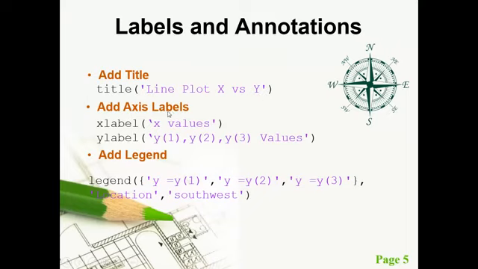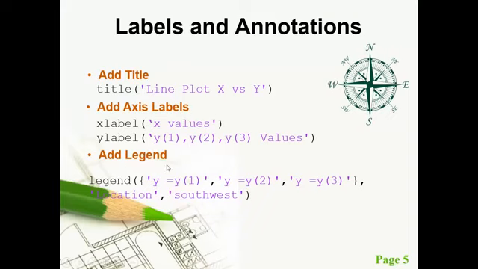To add the axis names or axis labels, use the code xlabel in brackets in quotes. This is the x-axis name, that is x values. For y labels or y-axis, use ylabel in brackets in quotes. This is the y-axis. Okay.